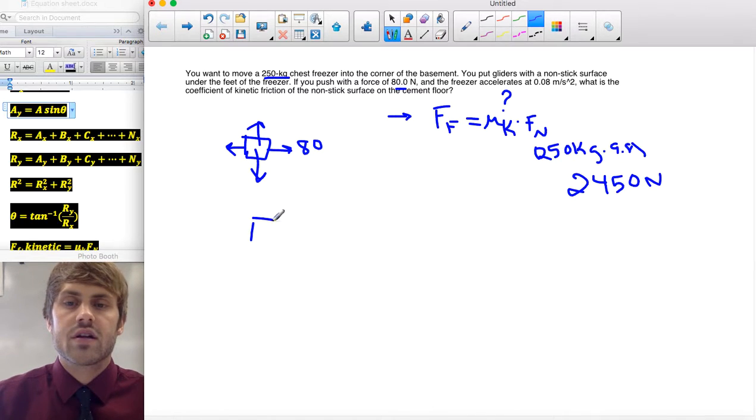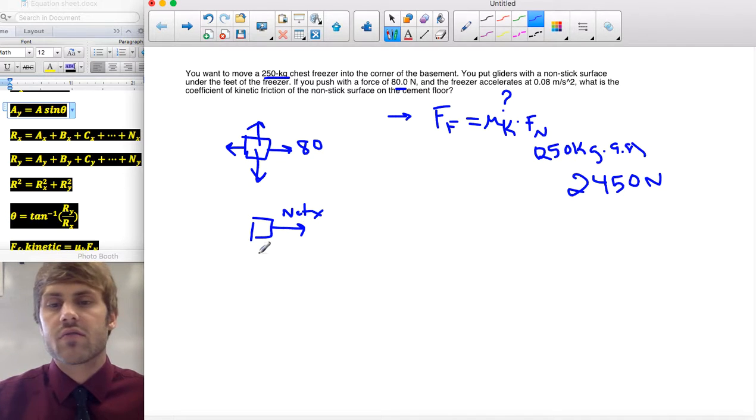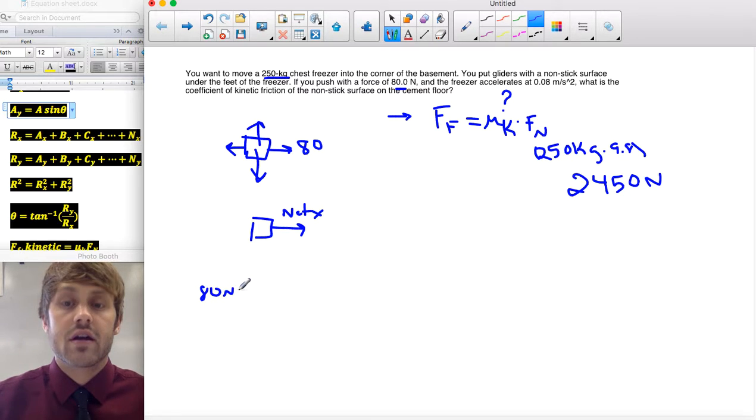We know that my net force in the x direction would be equal to the positive 80 newtons I have minus my force of friction.